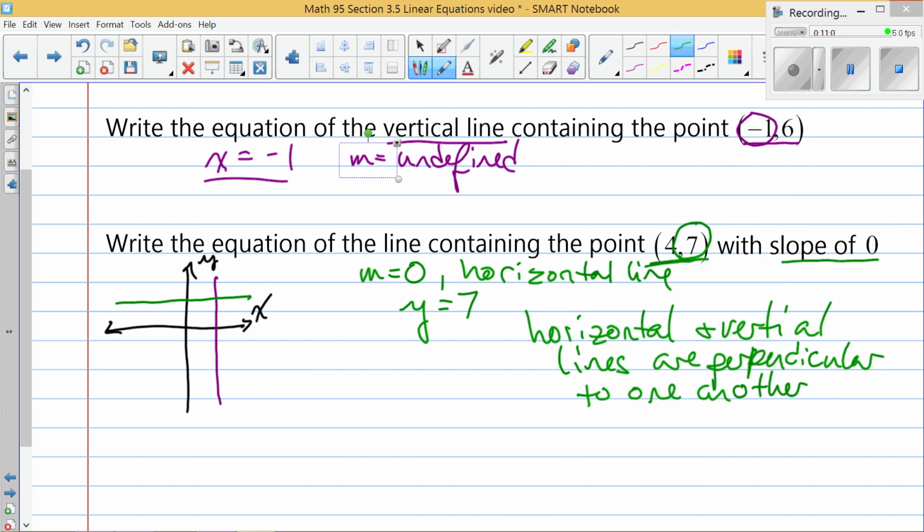You'll see that often in your book. They will ask you to find the equation of the line perpendicular to x equals -1 that passes through a specific point. And so that's going to be the horizontal line, in other words, the y value of that point.